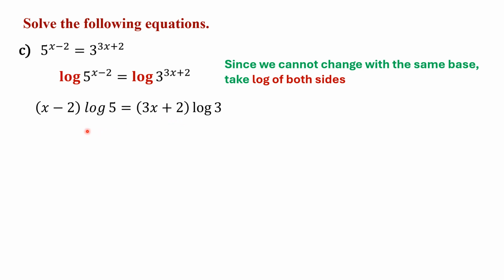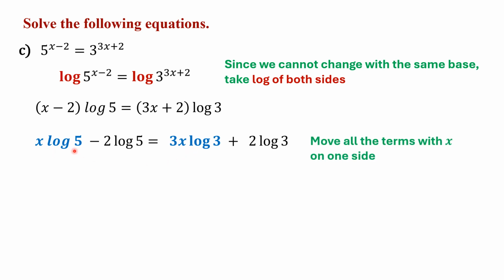Then after that, let us open the brackets since we're solving for x. The left side will be log 5 times x, which is x log 5, and then minus 2 log 5, equal to 3x log 3, and then plus 2 log 3. Then I highlighted these two terms because these two terms have x. So you have to move all of these to one side and no x term on the other side.